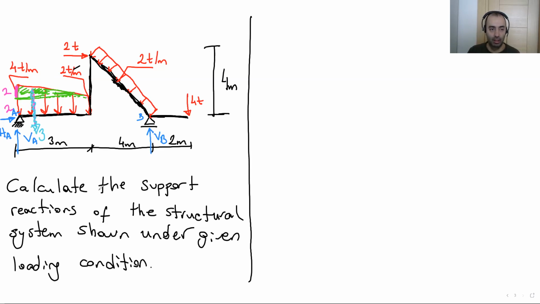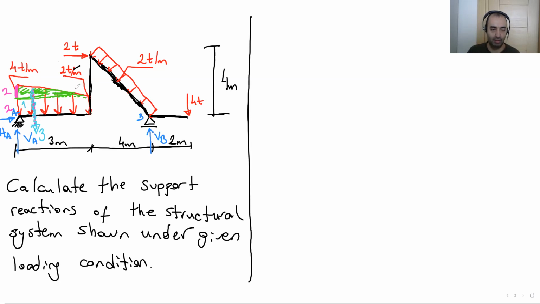Where should I put this 3 on my structural system? Remember, it's like a centroid calculation. Again, the 1/3 rule works here. The bottom line, as you can see here, is 3 meter. We are going to use the 1/3 rule. This part here is 1 meter.